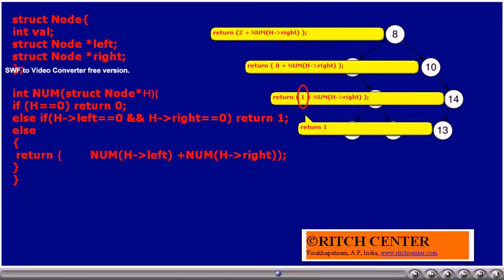Now the same function will be called again. This time we will be sending the address of the node having number 13, which is the left subtree of the node whose value is 14. Thus this function returns 1, which means that for the node whose value is 14, there exists one leaf node.